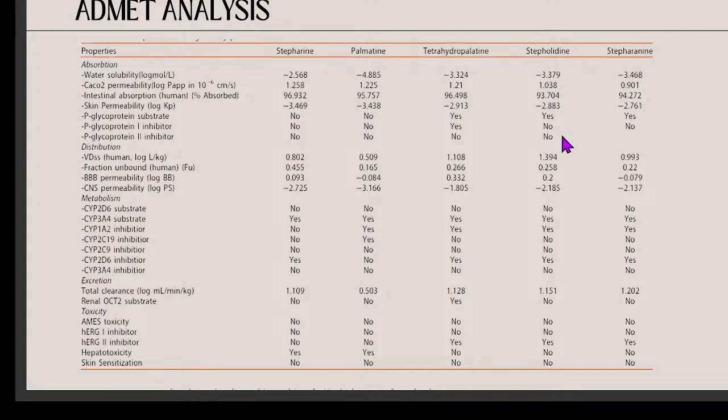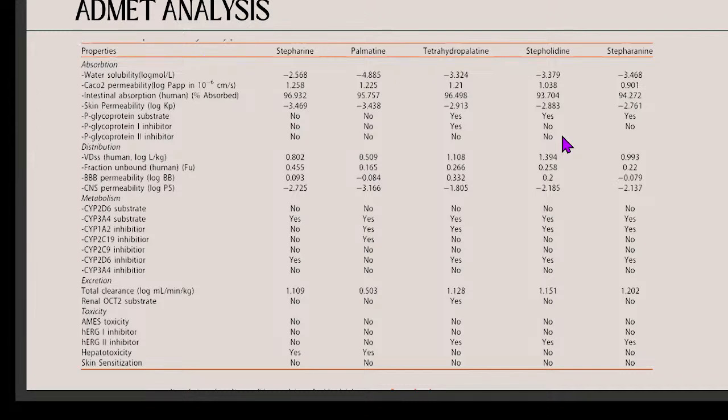For example, in absorption there are water solubility, Caco-2 permeability, intestinal absorption, and a lot of other things. In distribution, there are volume of distribution, fraction unbound, blood-brain barrier, CNS, and so on. In metabolism, cytochrome P450 is a very important player, and there are different isoforms, which pkCSM analyzes as well.